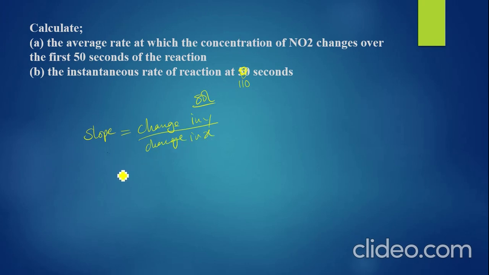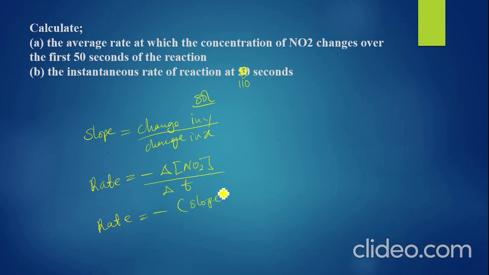And then what you need to know is the concentration of nitrogen dioxide is decreasing with time. Therefore the rate is equal to negative change in nitrogen dioxide over change in time. And then here we're going to have rate, which is equal to negative the slope over time.